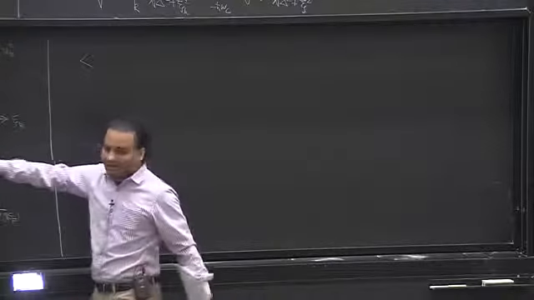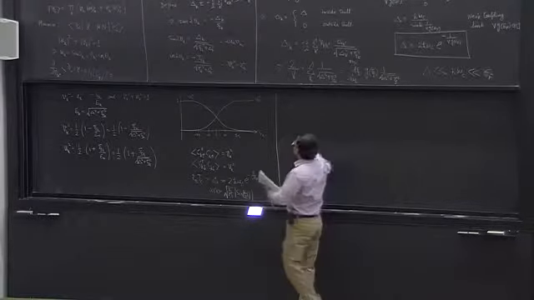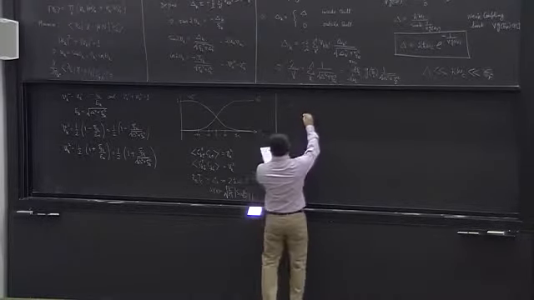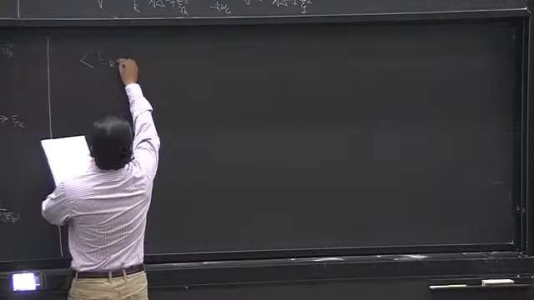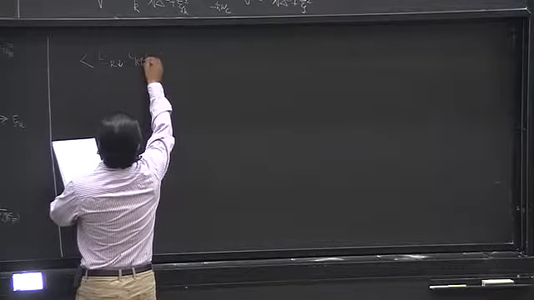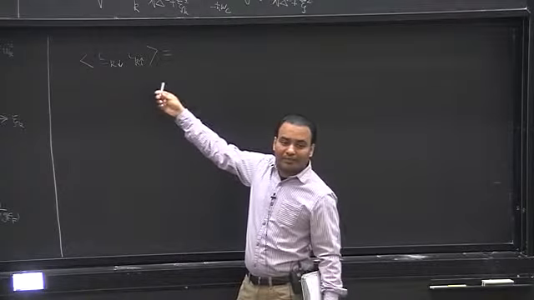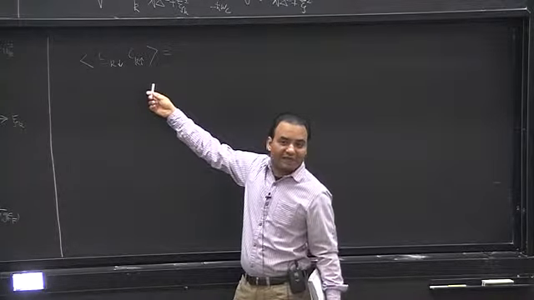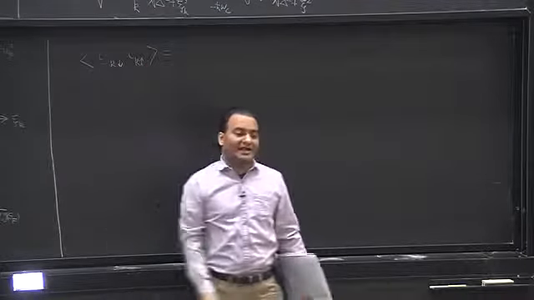All these expectation values are in the BCS ground state, not in the true vacuum. So I'm going to make a calculation where I calculate the expectation value of 2 annihilation operators.